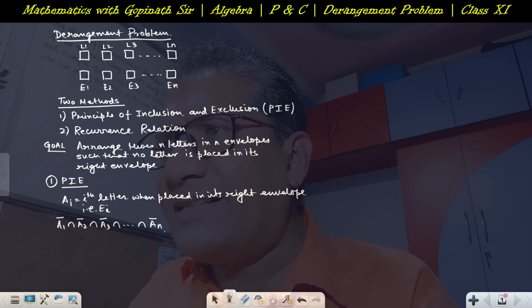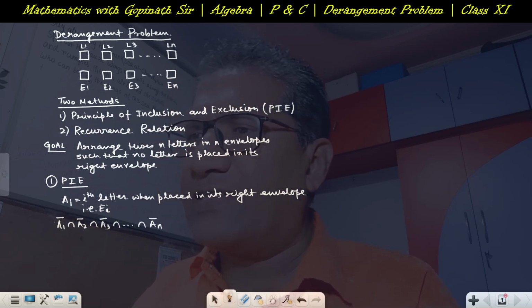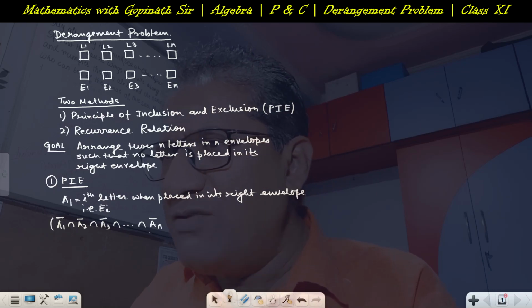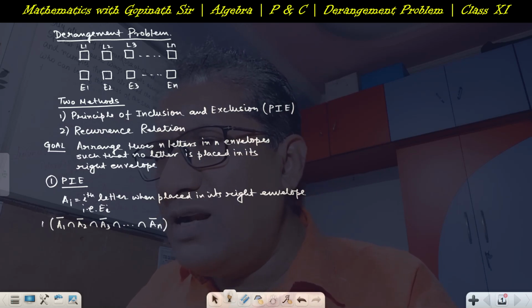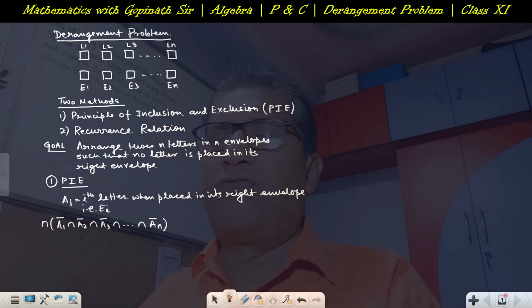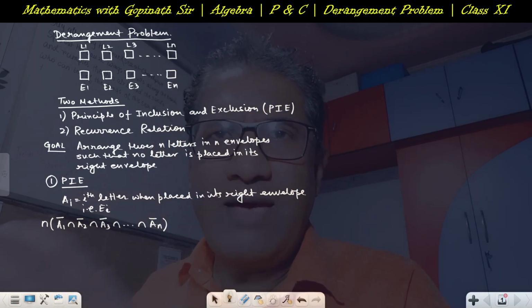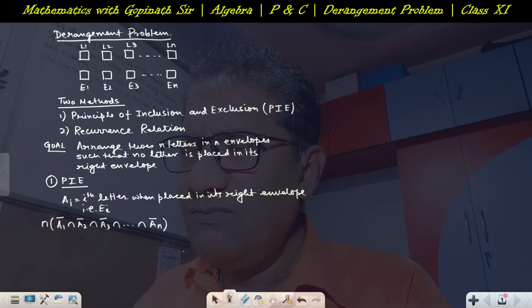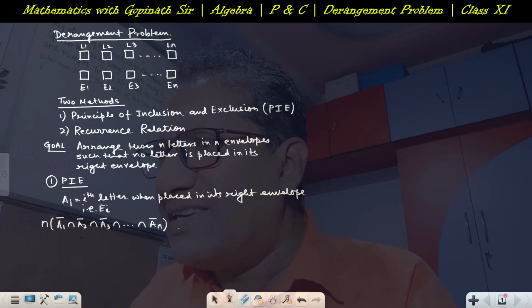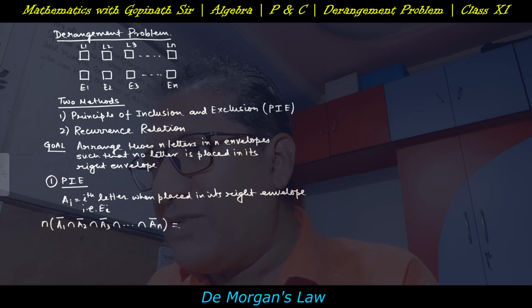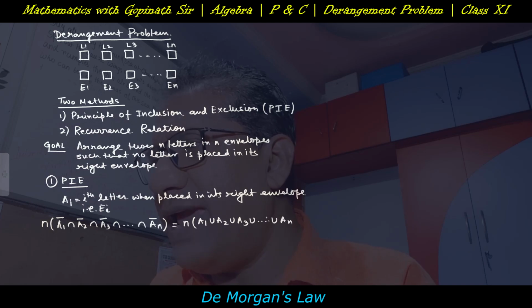That is, the nth letter will not be in its right envelope. I want to find the total number of ways of doing such an arrangement. Now, from De Morgan's law, we can write this as A1 union A2 union A3 union so on An, whole complement.